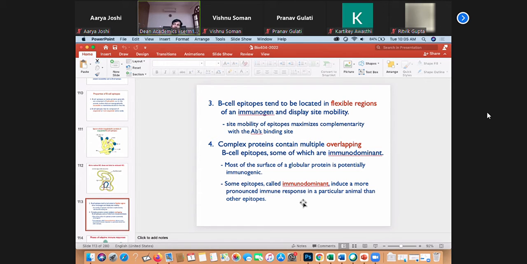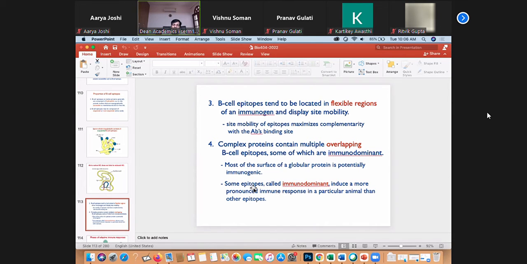Those regions on a protein molecule which interact well and induce a good magnitude of response against that region in terms of antibody production are called immunodominant, and those epitopes which are not so well recognized are called either subdominant or non-immunodominant. Okay.